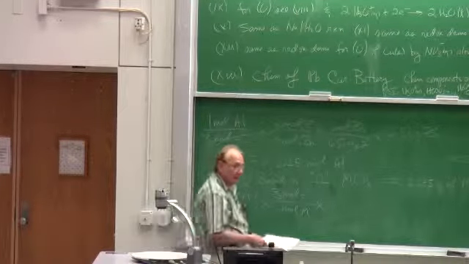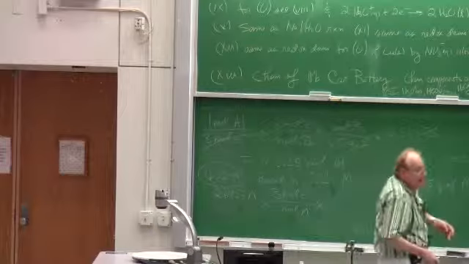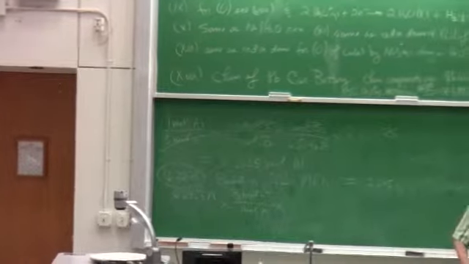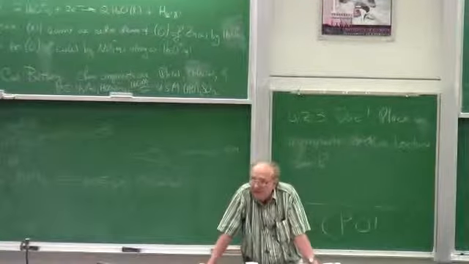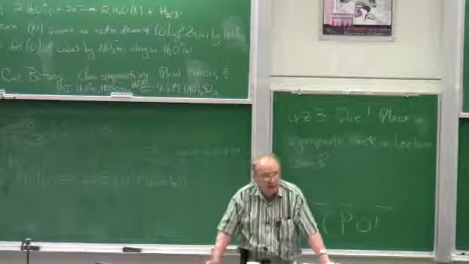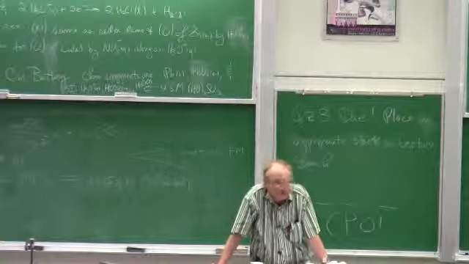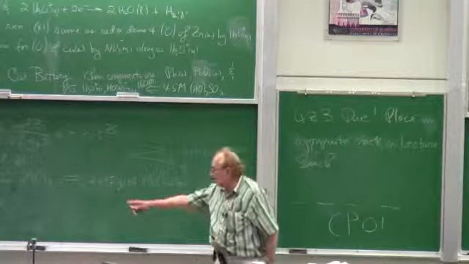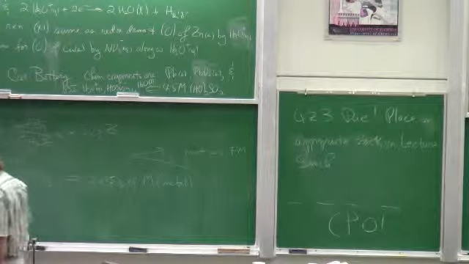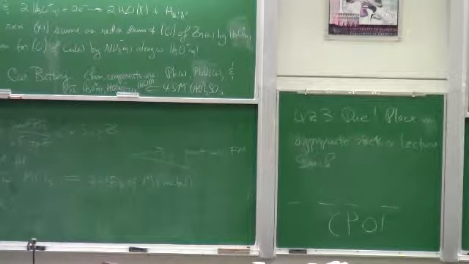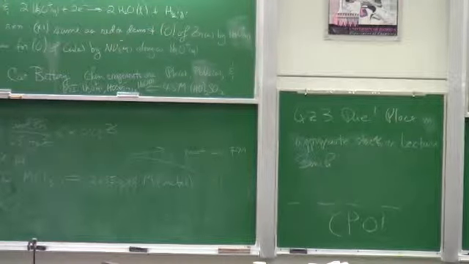Because I read the question, it says I'm running a 10 amp current, I'm running it for 25 minutes, and so on. But now my dimensional analysis has given me mass of the metal per mole of the metal, but up top I've got moles of electrons. What can I put in here to get rid of moles of electrons? The Faraday.